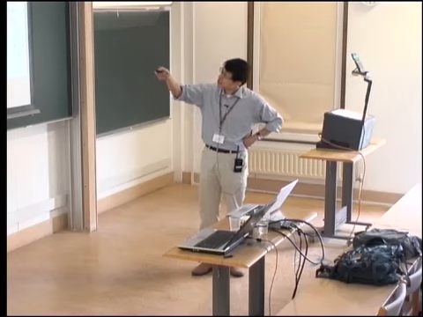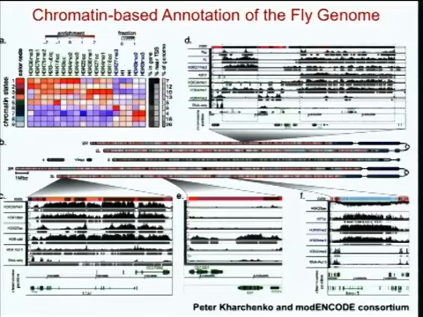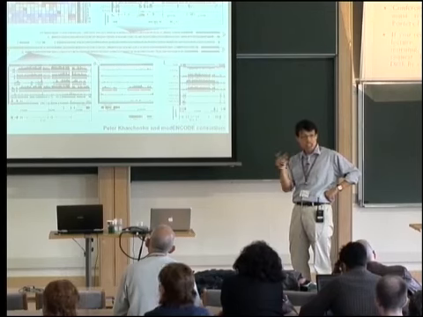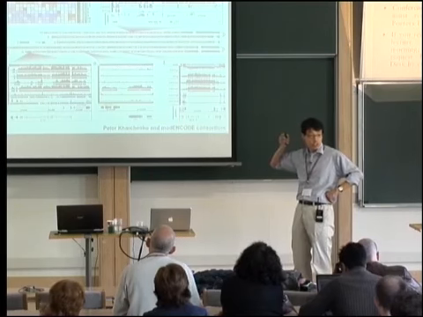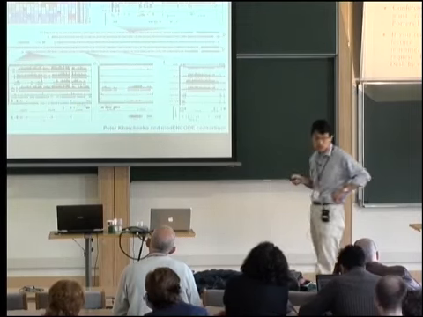Okay? In different colors, sorry it's hard to see, they correspond to the 9 chromatin states that we defined. So this is chromosome 2R, 2L, X, and so on. We try to annotate the genome based on its chromatin states. And each chromatin state corresponds to some combination of different histone marks. Okay, so we are calling this a chromatin-based annotation of the genome.